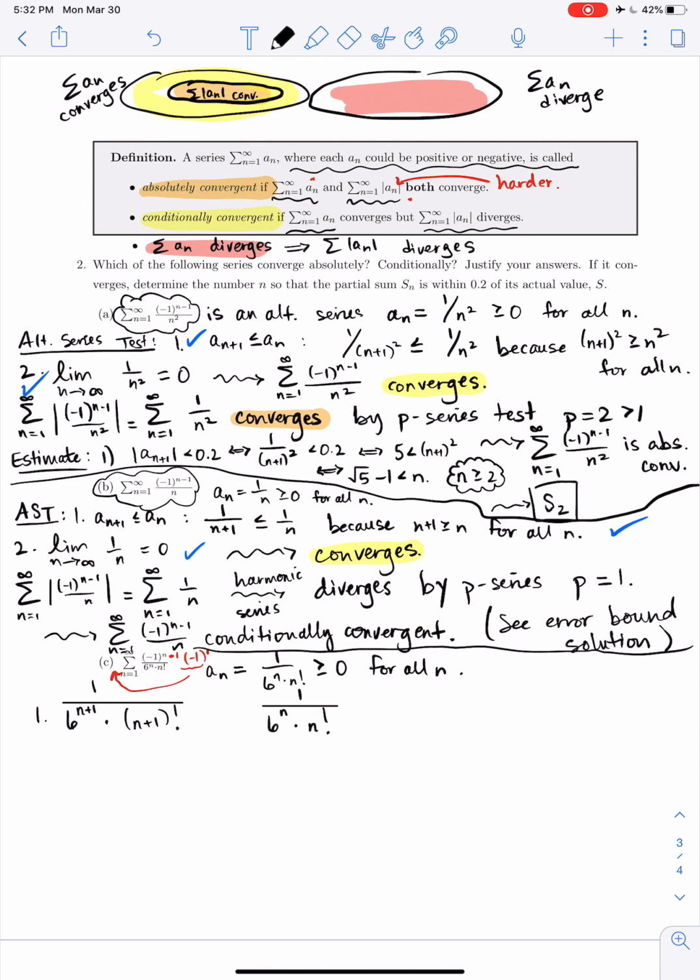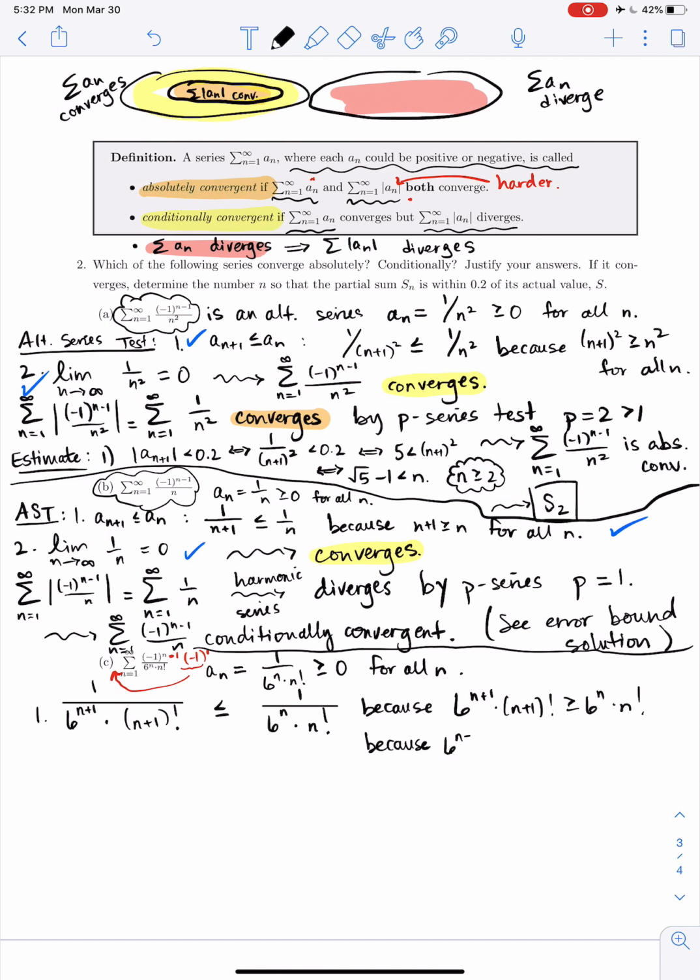So this inequality that we want to be true is in fact true, but let's explain why. First of all, because the denominator of the left-hand side is larger than the denominator of the right-hand side. Well, why is that true? Just so we can be really specific.